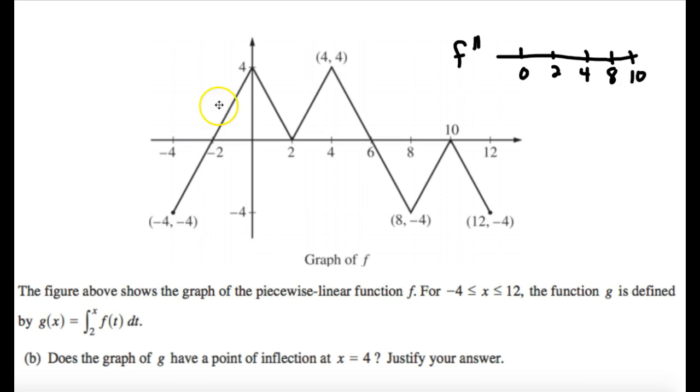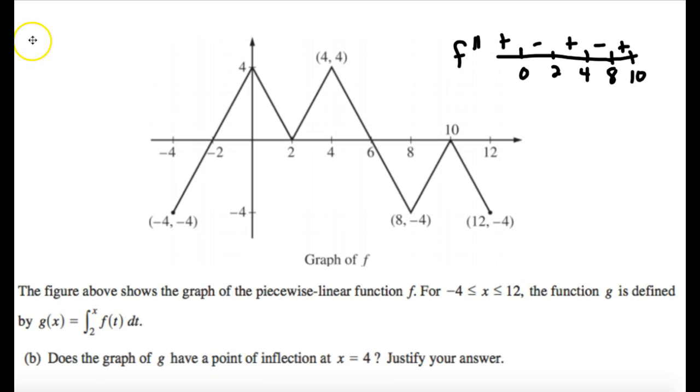Right? So here the slope is positive, then negative, then positive, then negative, then positive. So at x equals 4, the slope of f does change sign. Therefore, g would have a point of inflection.